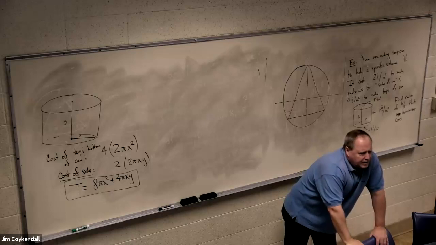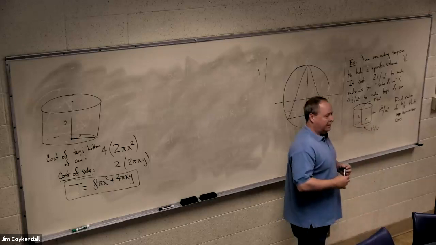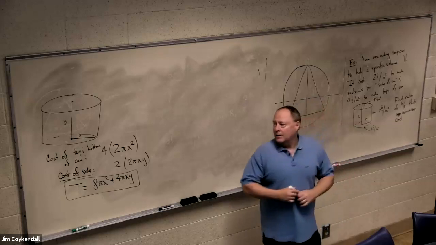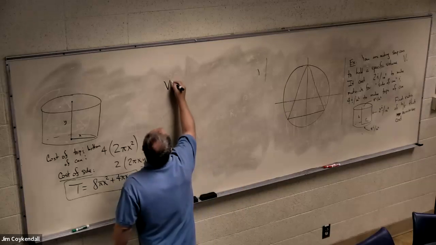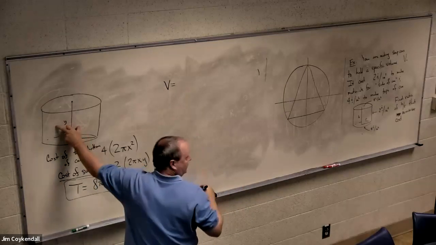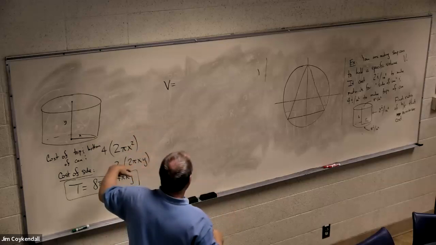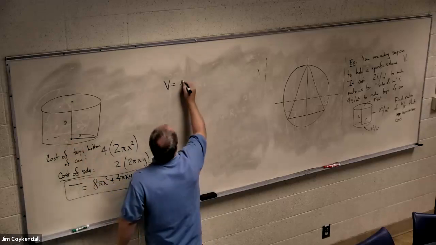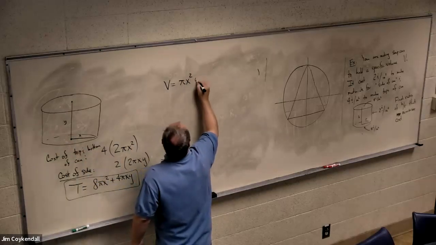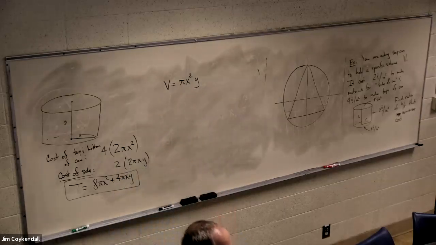It's sort of subsumed in the cost, but look back at the original problem. What is the volume? The volume is supposed to be fixed, 12 ounces or 16 ounces, however much soup I want to slop in there. The volume is pi x squared y: the area of the base times the height.